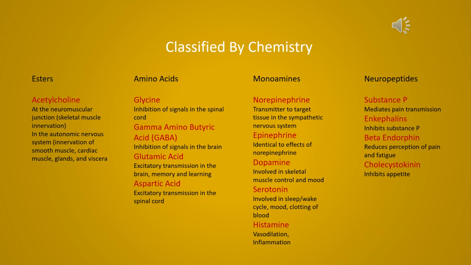We have already talked about acetylcholine. This is the neurotransmitter for the purpose of stimulating to contract skeletal muscle. Acetylcholine is also one of the neurotransmitters that we'll talk about in the autonomic nervous system.